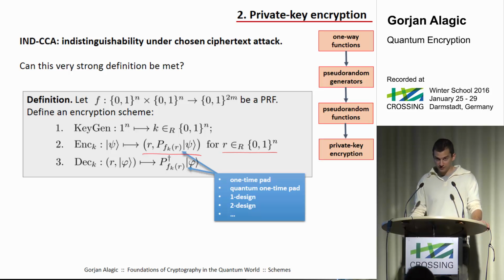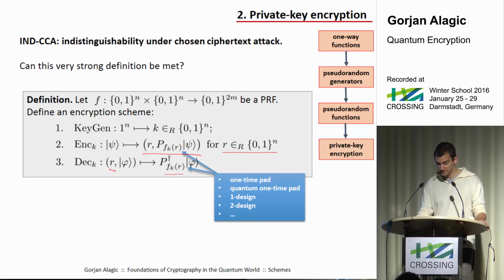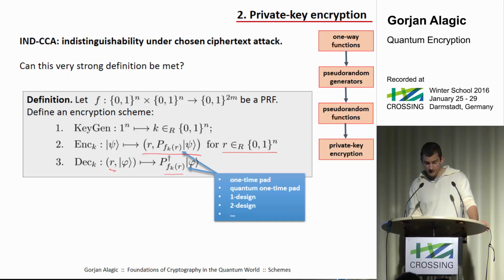Okay, so the decryption algorithm should, at this point, be fairly clear. We just look at the first register, which will contain this classical randomness R, and then we can again run that randomness through the pseudo-random function. We can do this because we possess the key, and because the pseudo-random function is deterministic by definition.